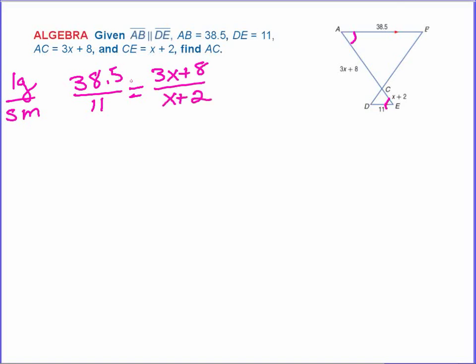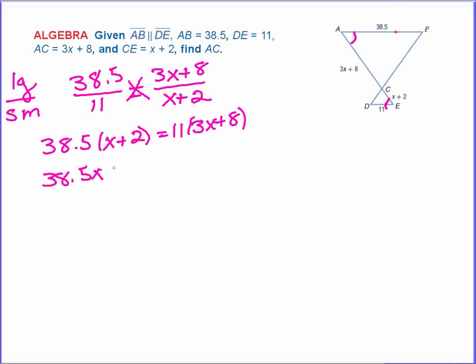Cross multiply. Distribute. And solve for x. You get x is 2.